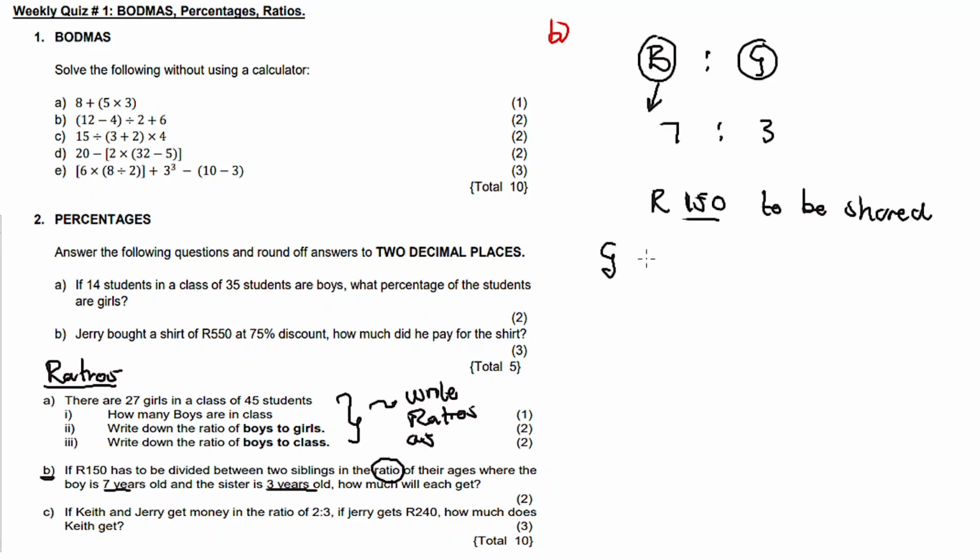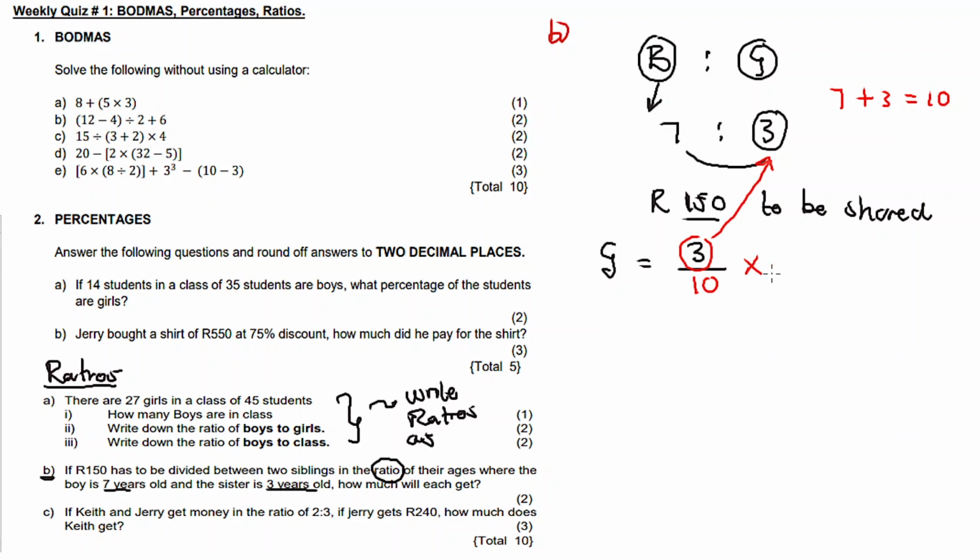Let's start with the girl. How much is the girl going to get? What is the ratio of the girl? It's 3. You write the 3, divided by the sum of the two ratios. So you take the 7 and add it to the 3, which is equal to 10.